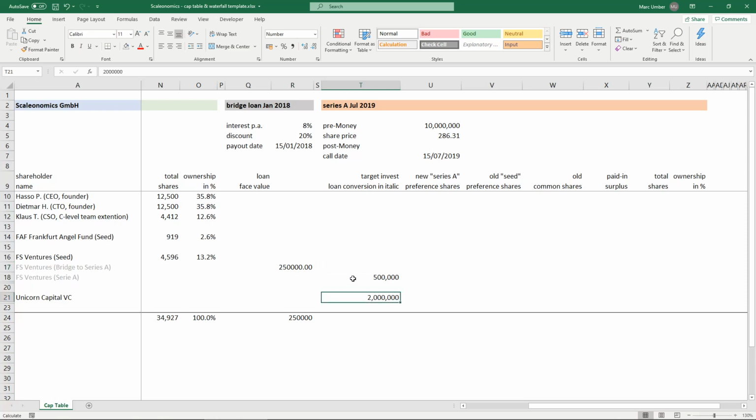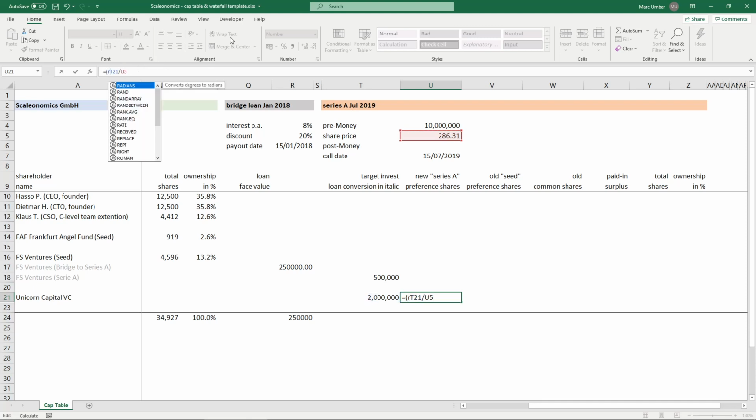Let's start with the fresh equity investments, since they are much more straightforward. We want to invest 2 million at a share price of 286 euros and 31 cents. And we need to make sure that this is a natural number.